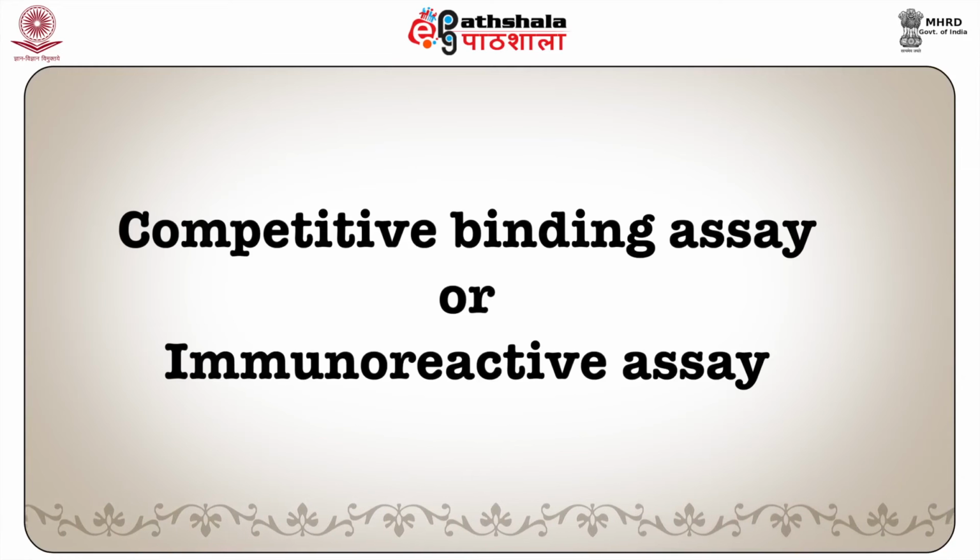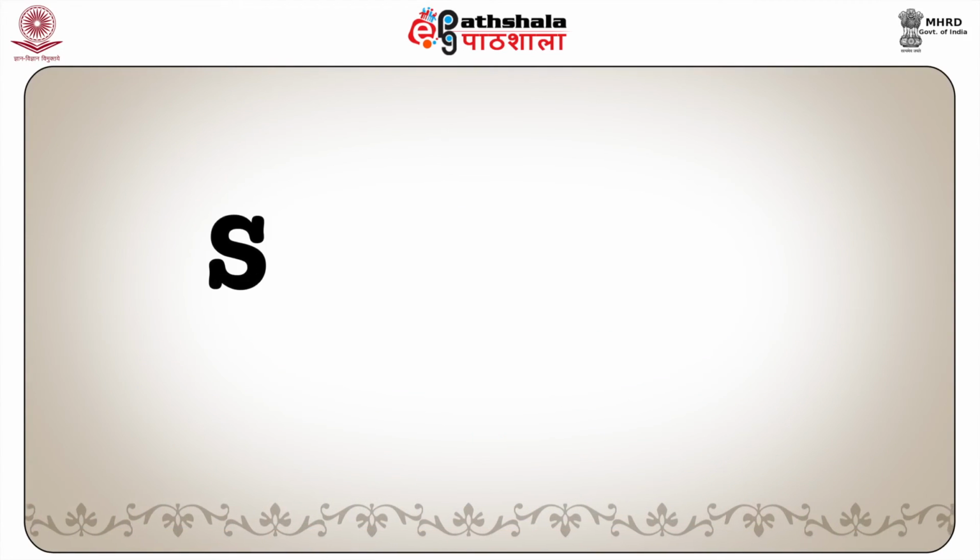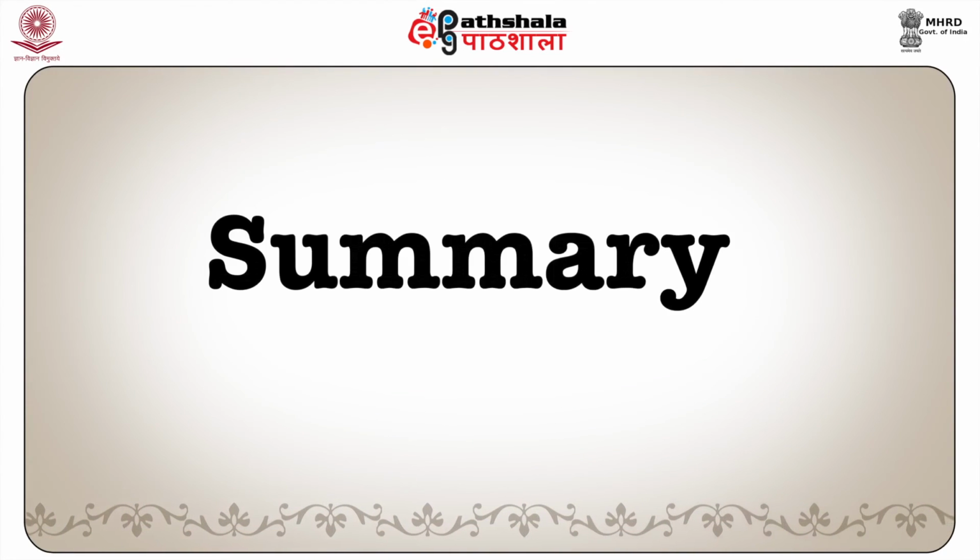It includes radioimmunoassay or RIA, enzyme immunoassay or EIA, fluorescent polarization immunoassay or FPIA, and lastly the immunoturbidimetric assay. Now students, let us summarize this module.